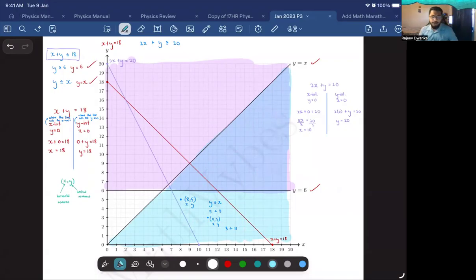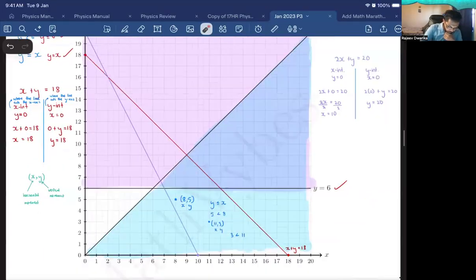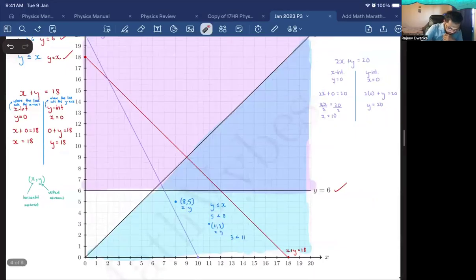All right, Akil, let me know if you understood why I shaded that specific region. Do you understand that if I take any point in this other region, it's not going to satisfy the inequality? Let me try 5 and 10. x is 5 and y is 10.